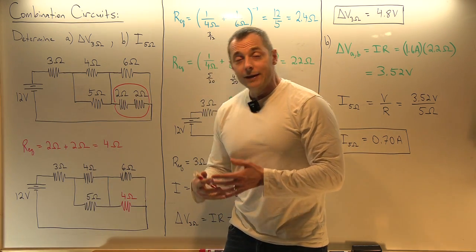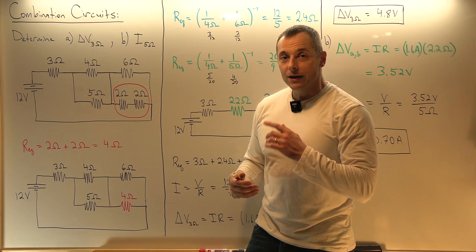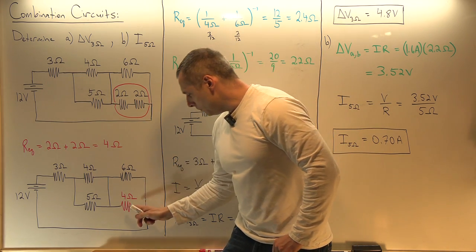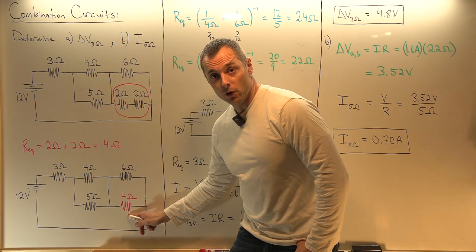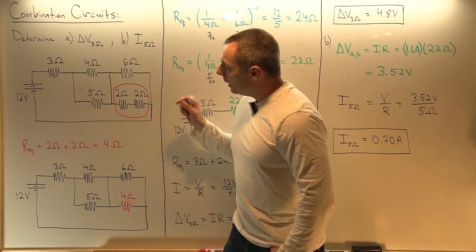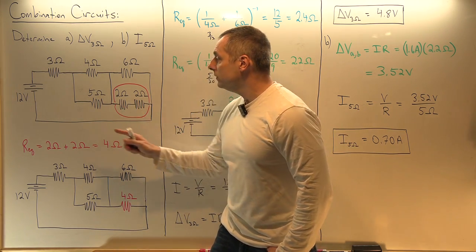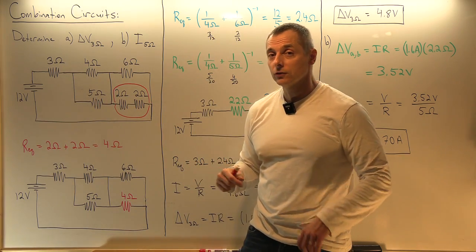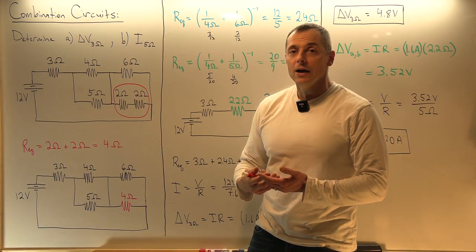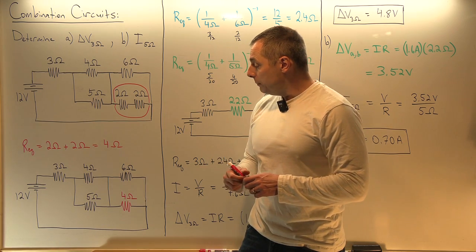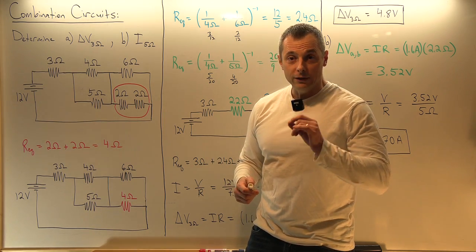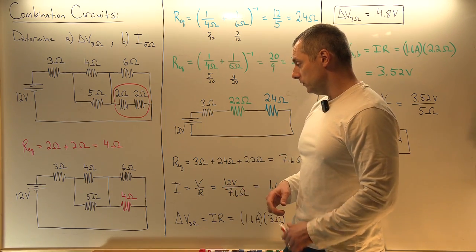What we do is now redraw the circuit again with these 2 replaced by their equivalent of 4 ohm. And if we constructed this circuit from the beginning with just one 4 ohm here instead of these 2, the battery wouldn't know the difference. So we're just simplifying and making the circuit appear simpler and simpler until we get to that point where we just have 1 equivalent resistance.